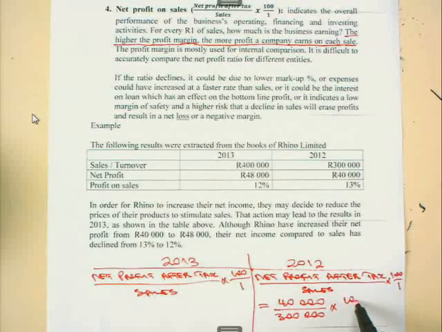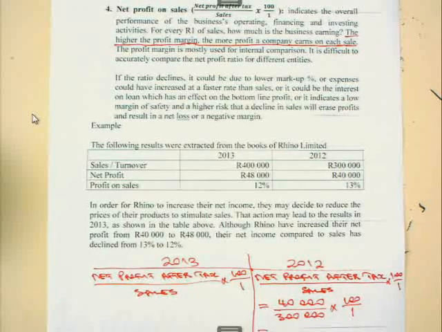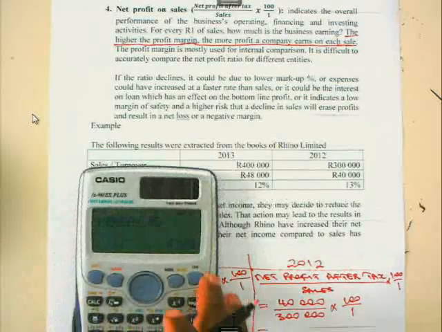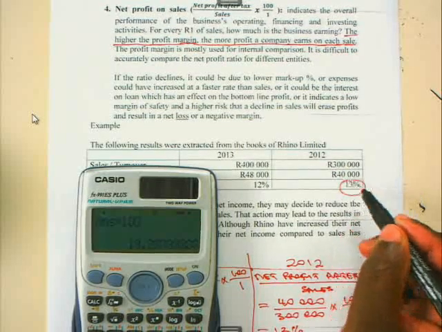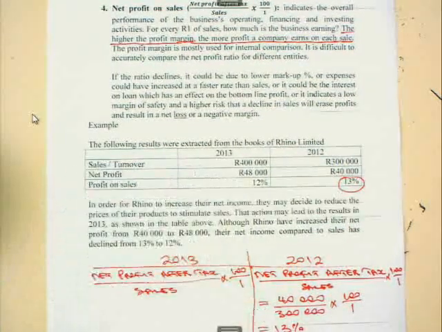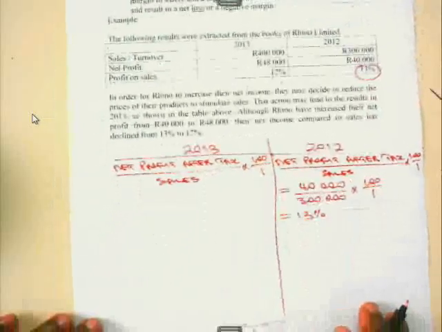We multiply that by 100 over 1. The net profit of 40,000 divided by sales of 300,000, multiplied by 100 over 1, gives you 13.3, that is 13%, as it has been given to us.